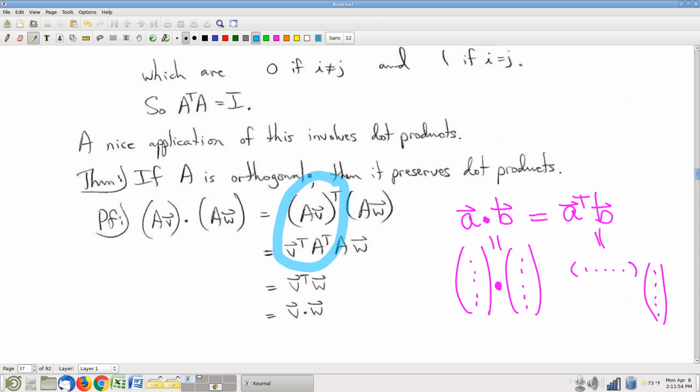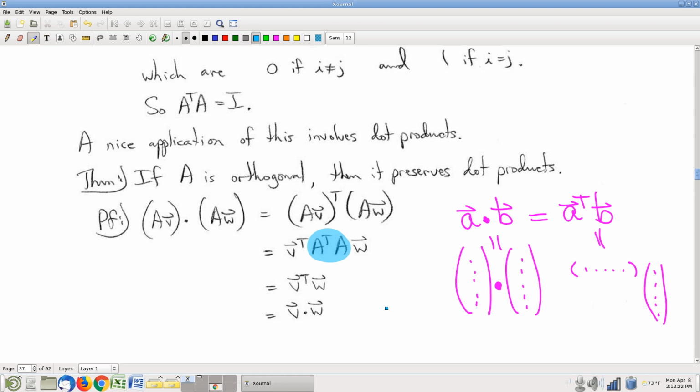Okay, no big deal. And then just look how nicely everything falls into place. Recall, going way back to section 1.4, a transpose of a product is the product of the individual transposes. Don't forget to switch the order, a little oddity of how matrix transposes work. By associativity, I can group these together and do that inside multiplication first.